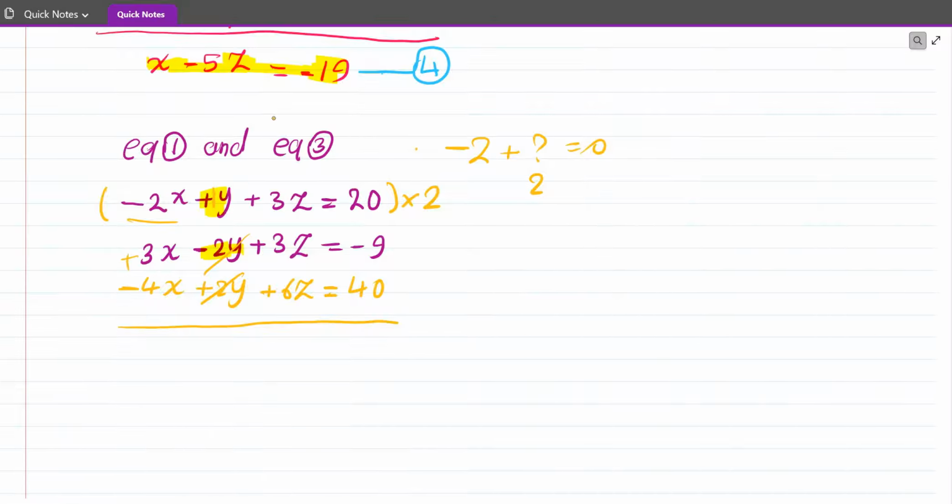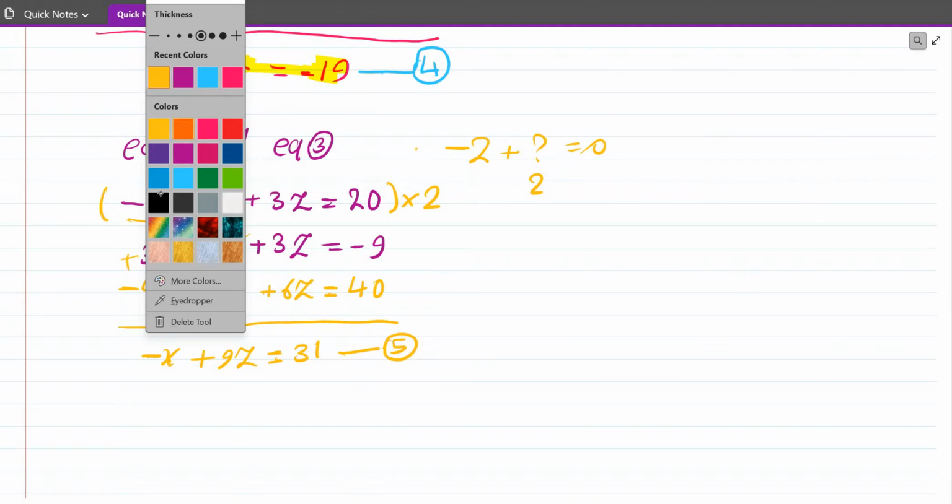Positive 1, when you subtract, equals negative x. Positive 3 with positive 6 equals positive 9z. The answer is negative 9 plus 1 equals 31. And we call this one equation 5, right? Now equation 5 with equation 4 together. So let's change the color.